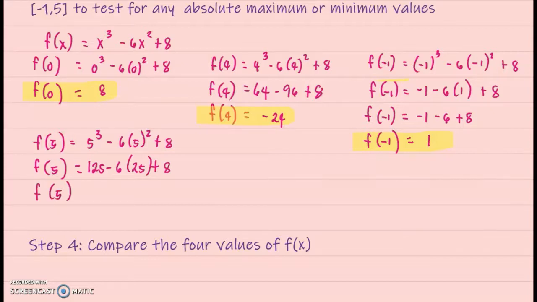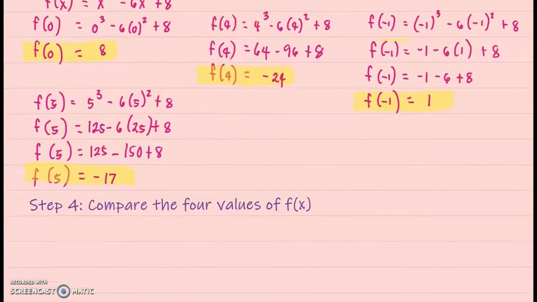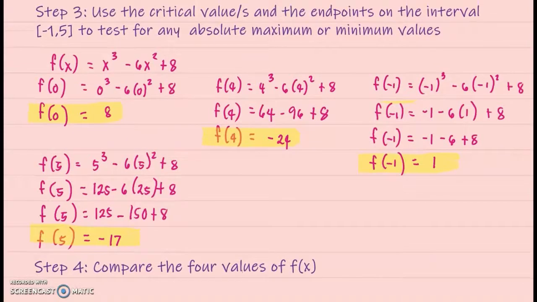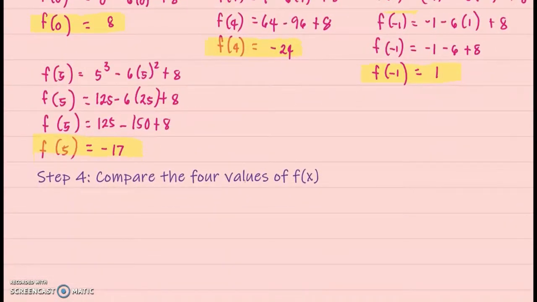F of 5 is equal to 125 minus 150 plus 8. So f of 5 is equal to negative 17. Okay. So we are done now with step 3. Now let's move on to step 4. So in step 4, you compare the 4 values of f of x. So let's write first the absolute minimum and absolute maximum.